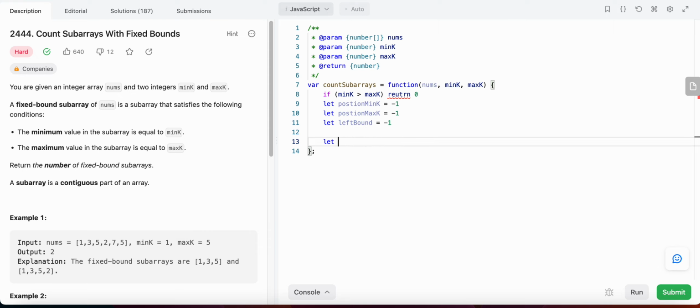So everything is initialized to -1, and then our result is equal to 0. Now we start our loop from index 0 ranging until n, incrementing our value of index by 1.